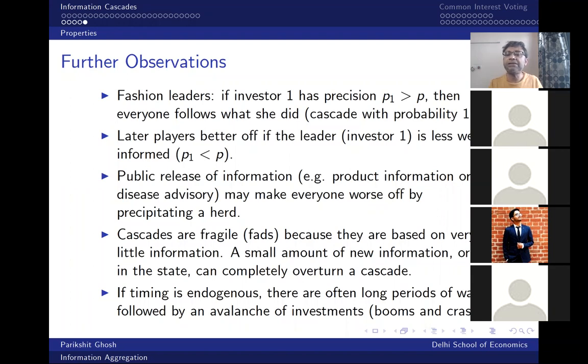So individual signals will not be aggregated at all. So once again, if the public signal is only very slightly superior to the individual signals, this will actually lower welfare instead of raising it.